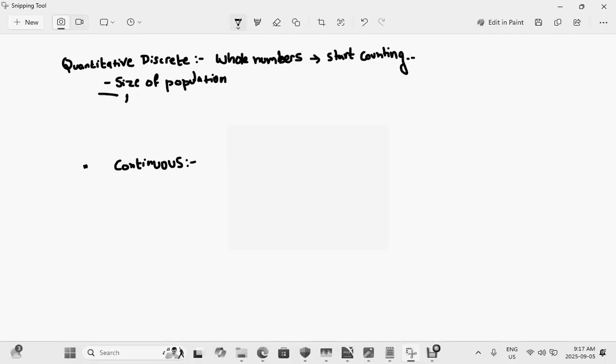It could be number of students in the class. It could be number of cars in a parking lot.